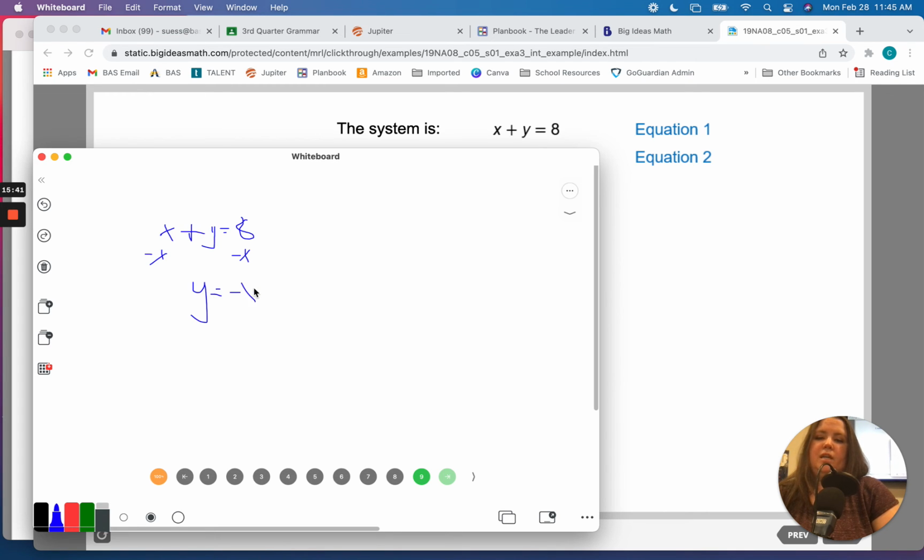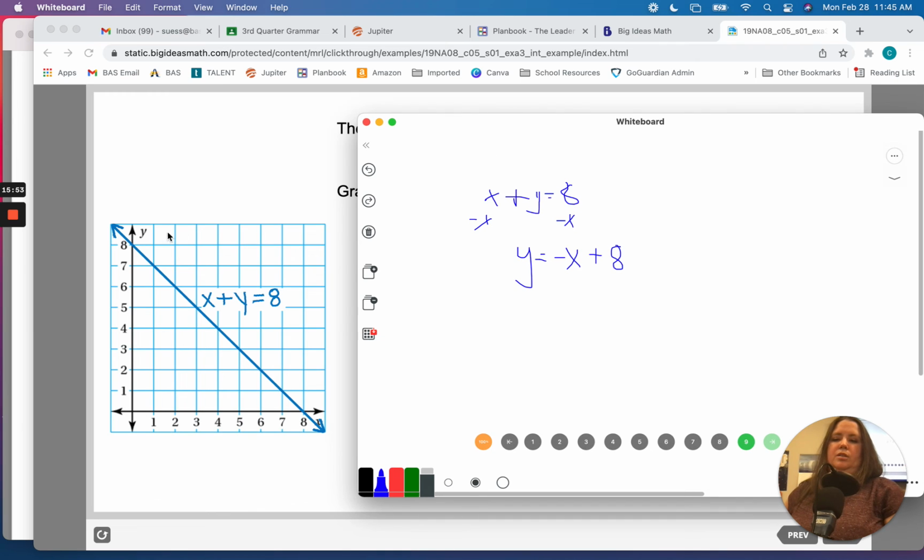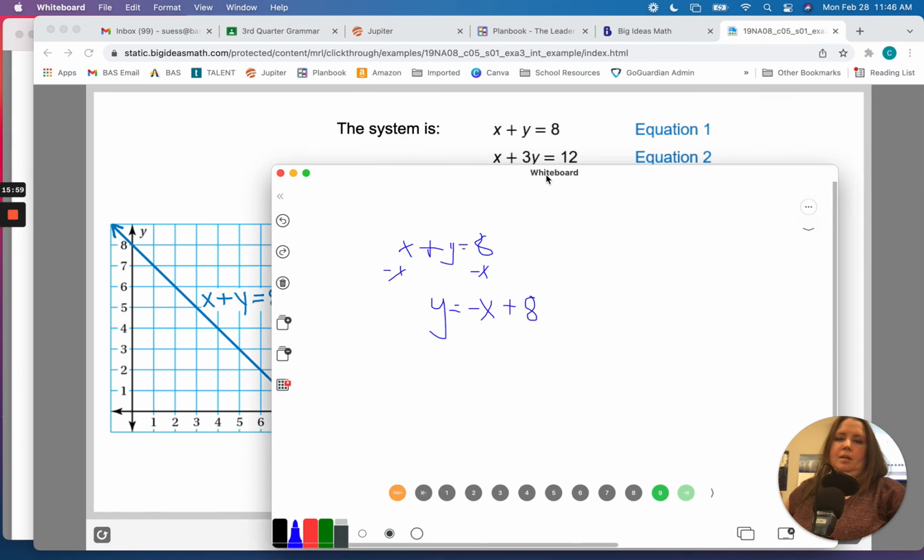What's in front of the x? What number? 1. A 1. Very good. Okay, so this is now in slope-intercept form. So you could graph that. You go on the y line to positive 8. My slope is down 1 over 1. You see that's what they did here. Positive 8, down 1 over 1. Graphed it. Okay? So let's look at the second one.